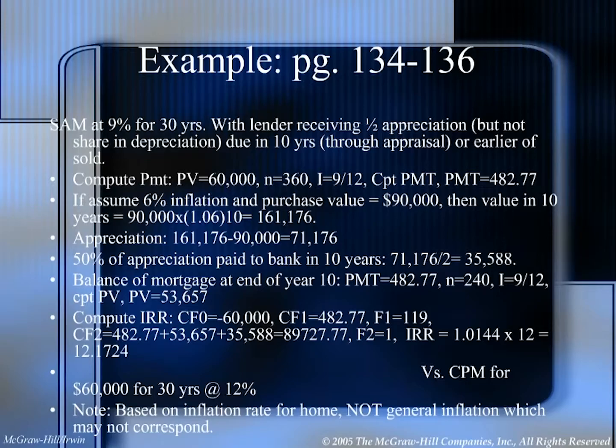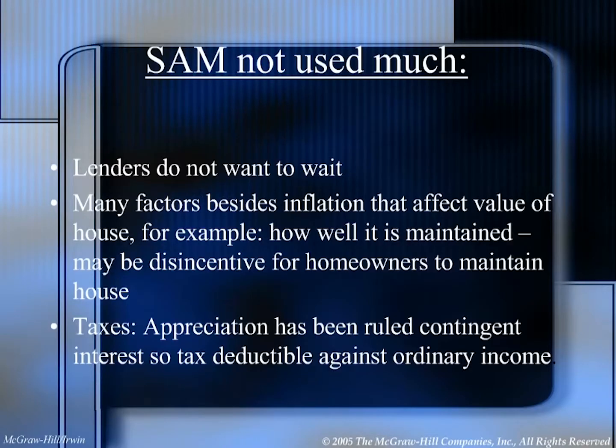And if your property appreciated more, you'd be paying them more than 12%, but you'd also be getting a greater return because your property would have gone up more in value. So it's based more on the inflation rate for your home, not general inflation. Although we're making an assumption here of saying inflation, it would actually be the value of the home.